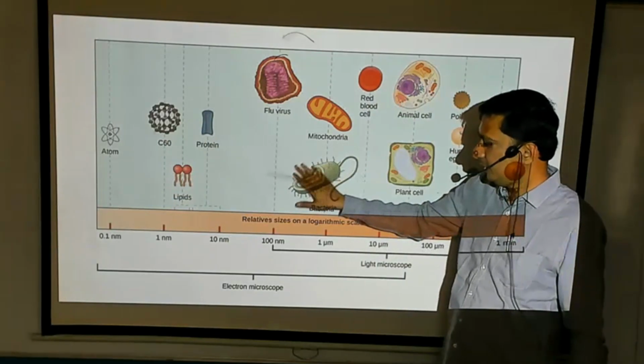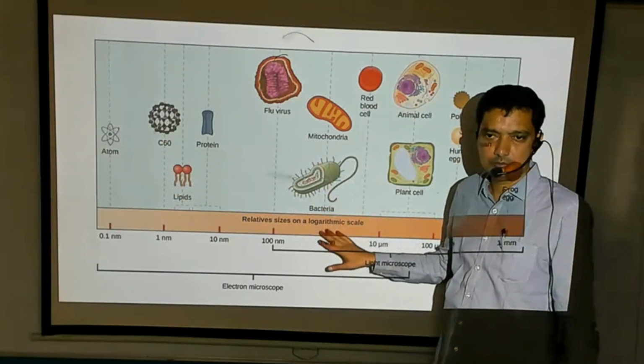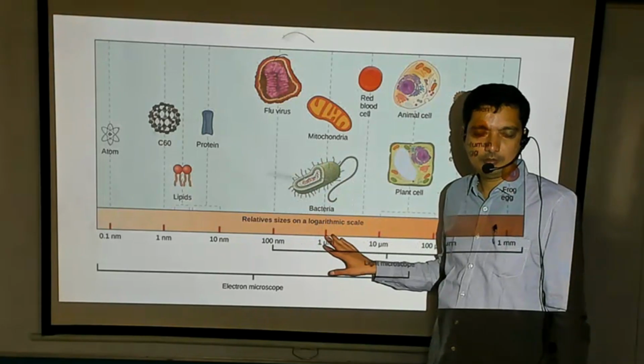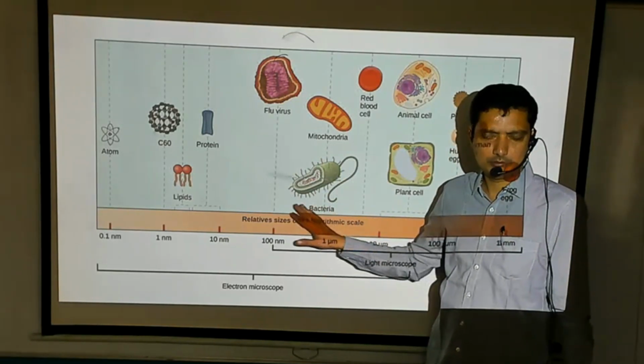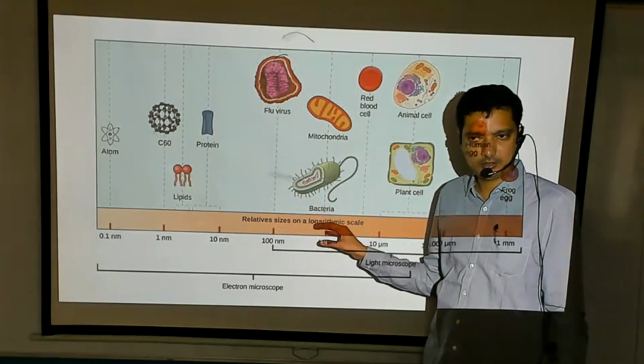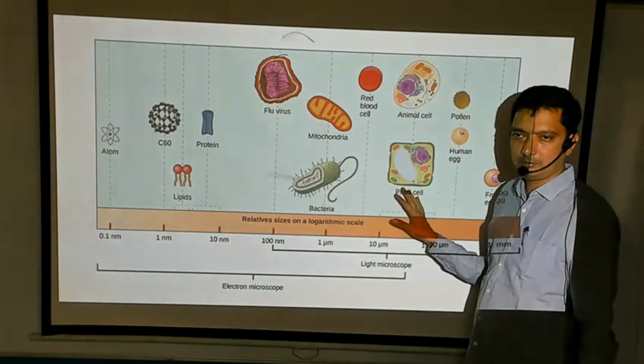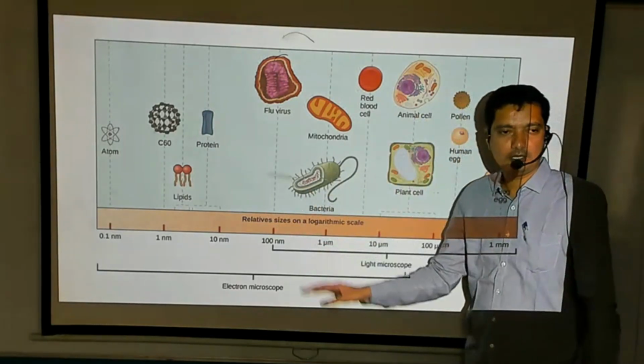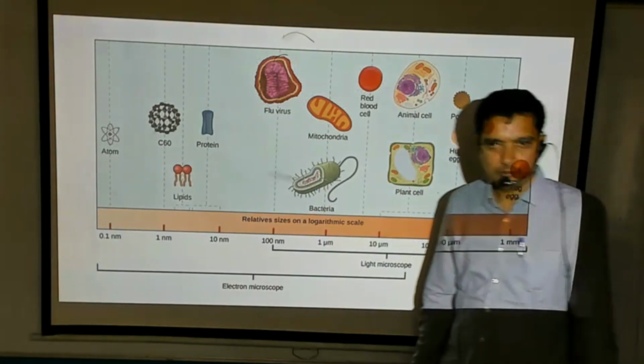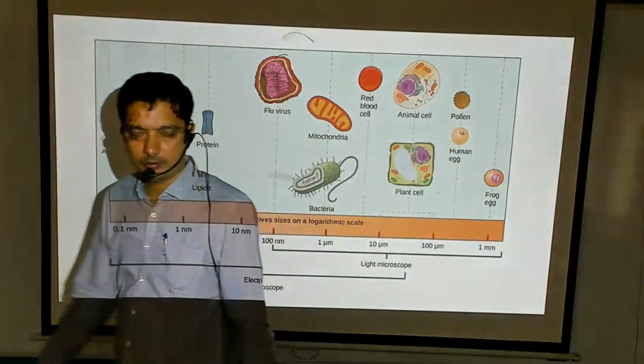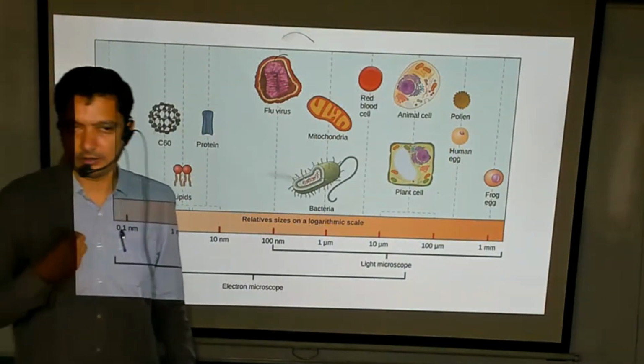We have single cellular organisms like bacteria. What size is this? About a micrometer. It is approximate. They can be smaller, and there are even much bigger bacteria as well. And then our cells, plant cells and animal cells, are they bigger or smaller than bacteria? They're bigger. That is why bacteria can enter into our body and cause infections in us.